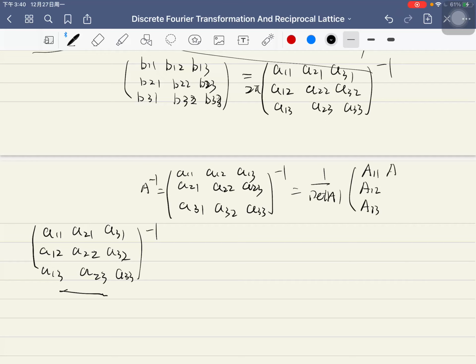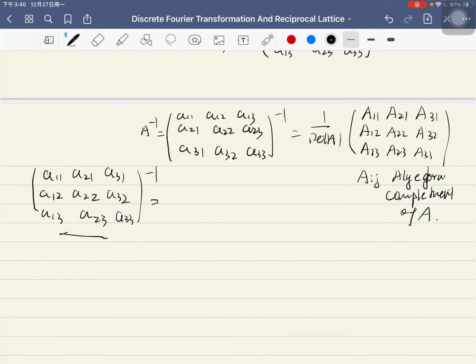Here Aij is the algebraic complement of A.